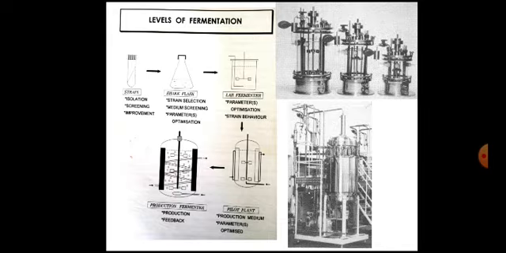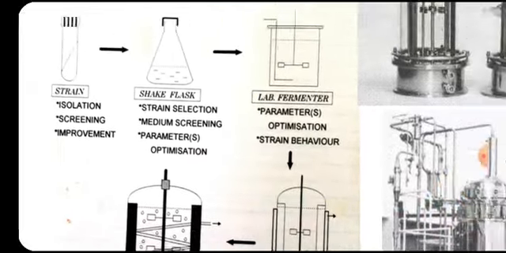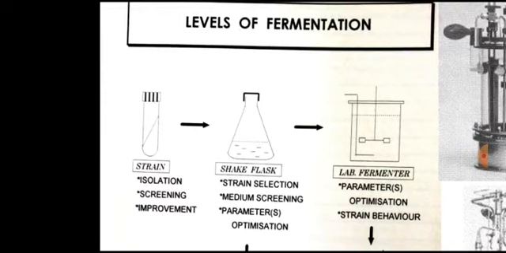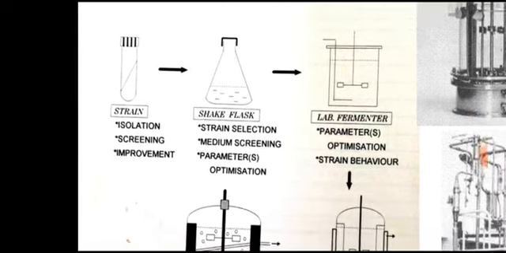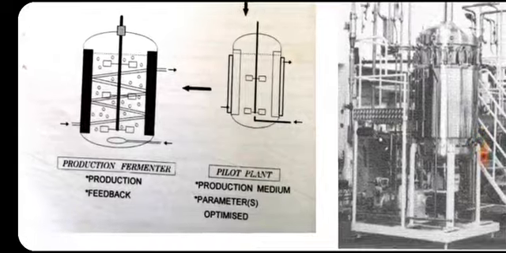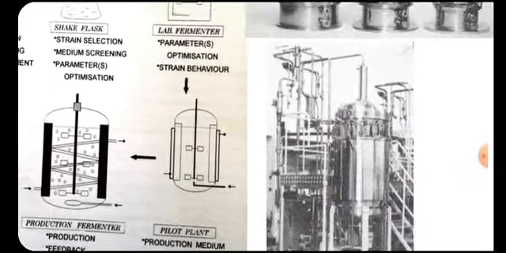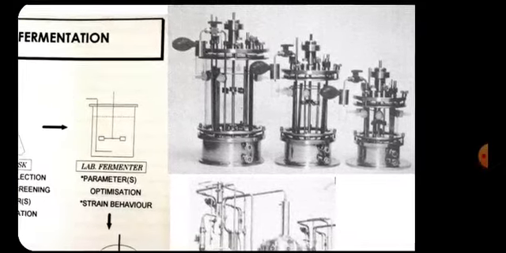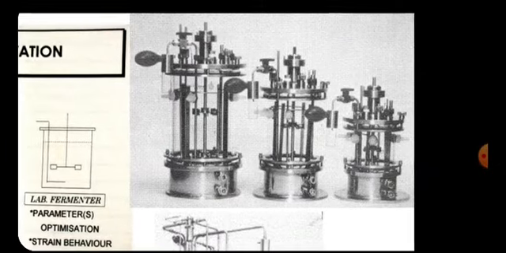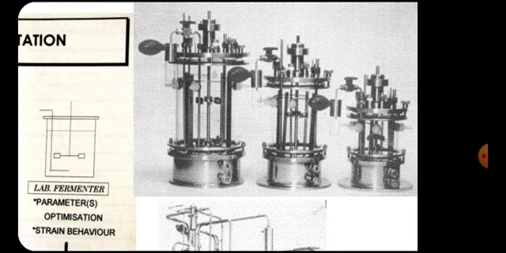This diagram shows the different levels of fermentation. So it starts from the strain, where there is isolation, screening, improvement, then shake flask, laboratory scale fermenter, pilot plant fermenter, and production fermenter. These are the designs of small scale fermenters from 1 liter to 5 liters.